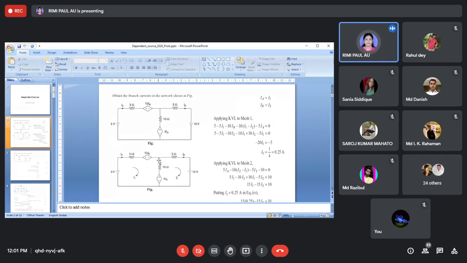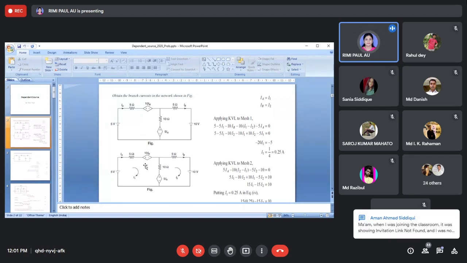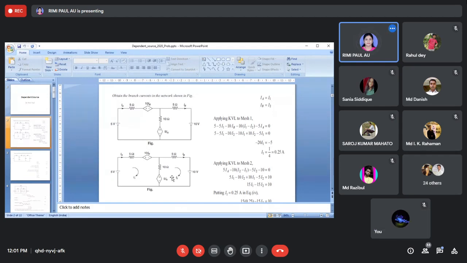Now, how to solve? If I use mesh analysis, then going from minus 5 to plus 5, I get minus 5 plus 5 IA plus 10 IB. Don't get confused here, because this is the source. Do not multiply with IA. So plus 5 IA plus 10 IB plus 10 (I1 or IA minus IB) plus 5 IA is equal to 0.